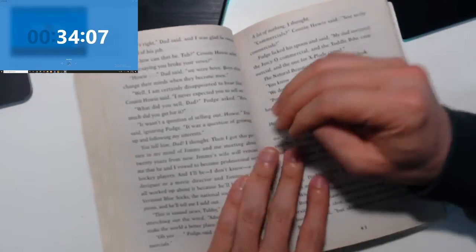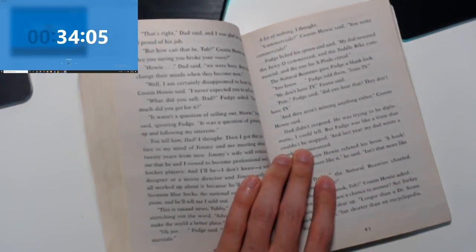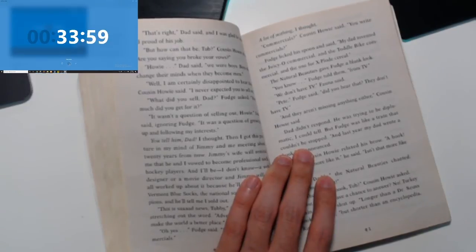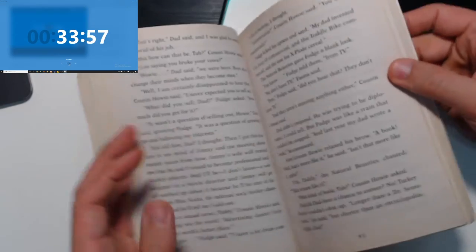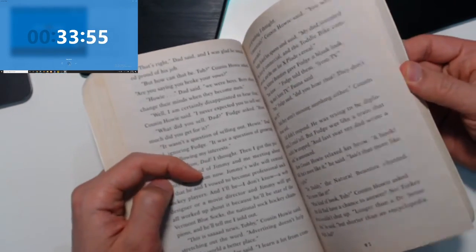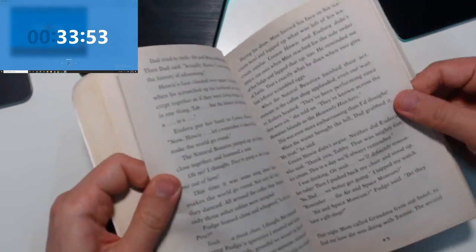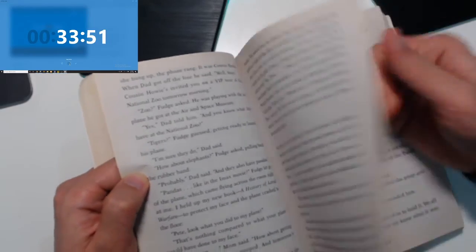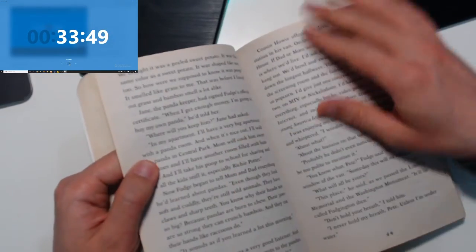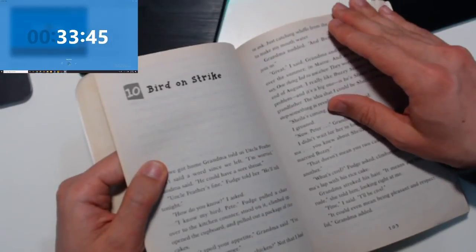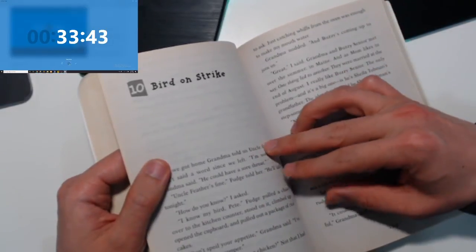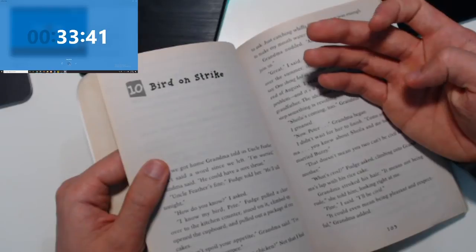So considering I can read one page per 2 minutes, I can finish 15, 16, 17 pages.